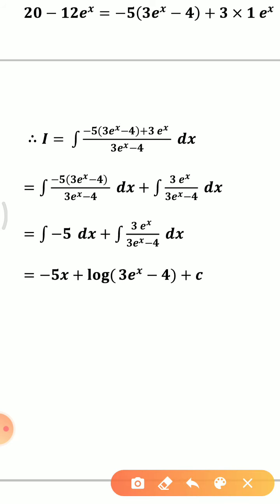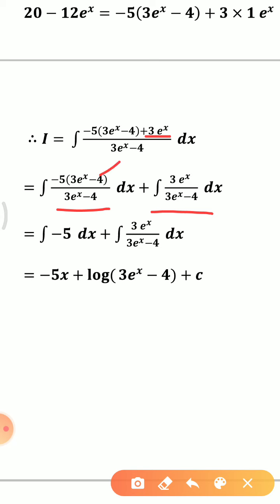Therefore I is equal to the integral of [−5(3e^x − 4) + 3e^x] upon (3e^x − 4) dx. We change the numerator term, denominator as it is. Then separating with the integration, that is the integral of −5(3e^x − 4) upon (3e^x − 4) dx plus 3 times the integral of 3e^x upon (3e^x − 4) dx.